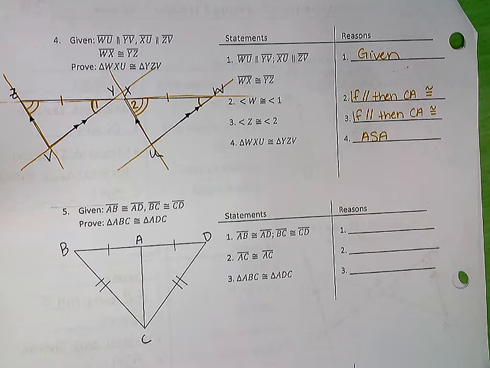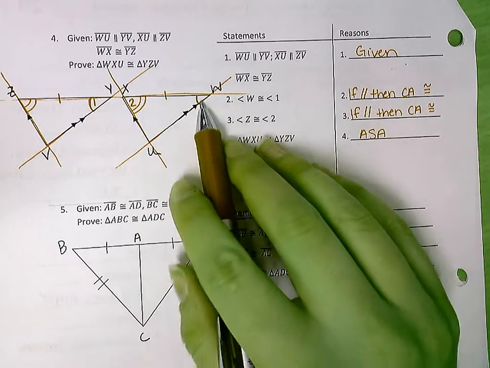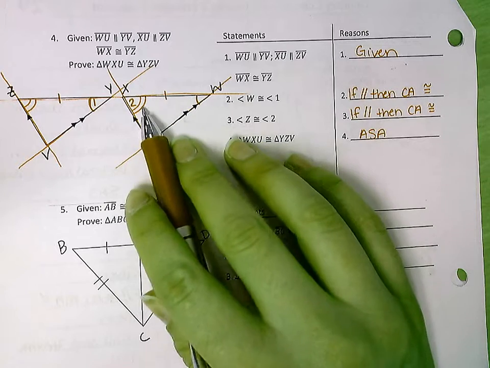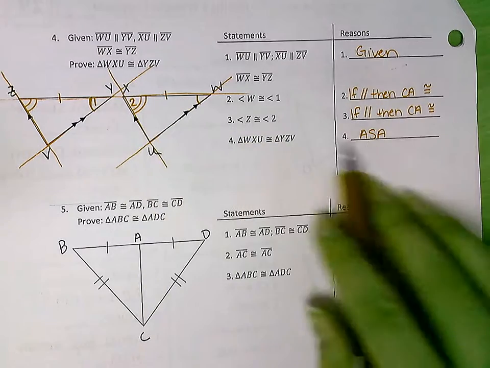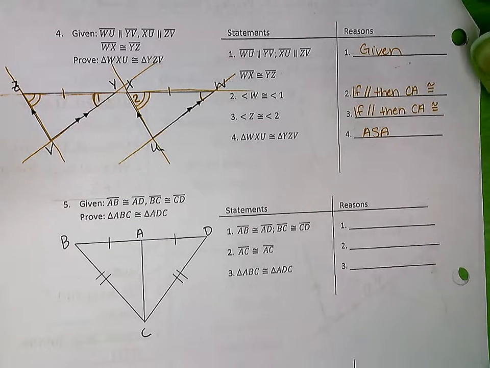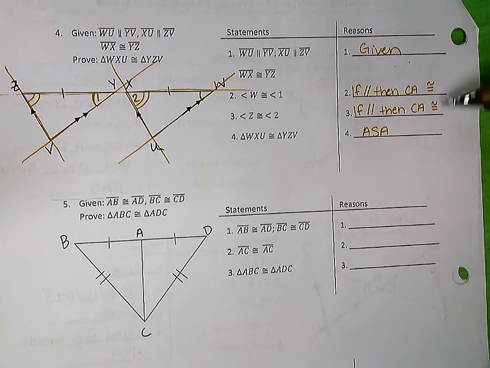Angle, side, angle. So if you go in order here, I go from an angle, I have an included side, and then I have another angle. So angle, side, angle. Okay? Questions on this one?